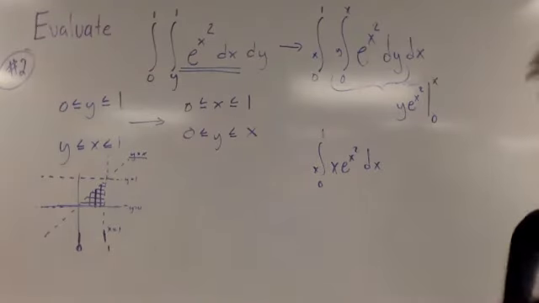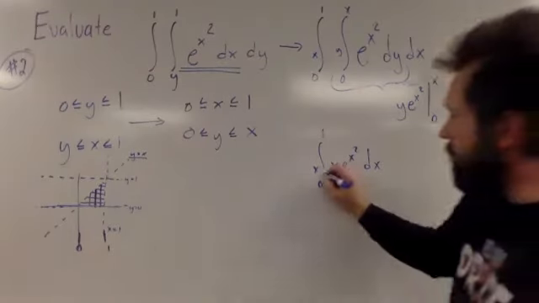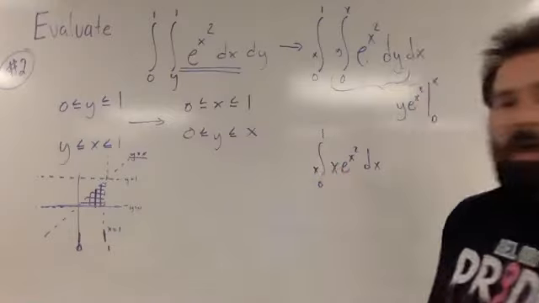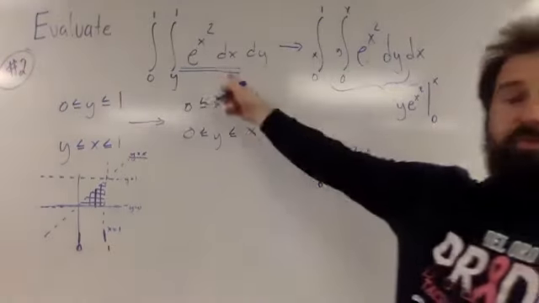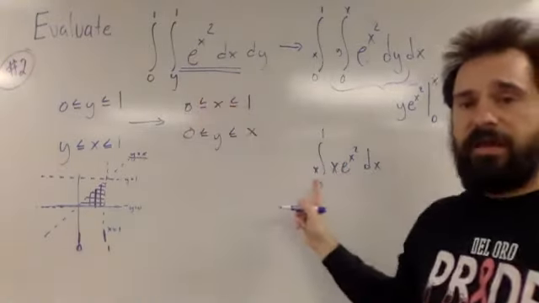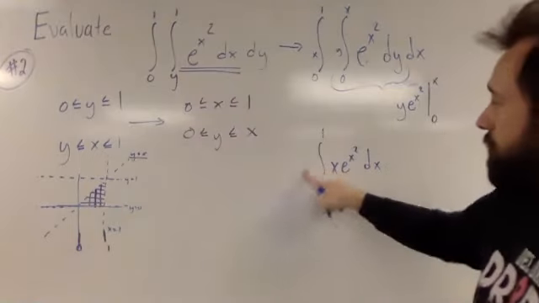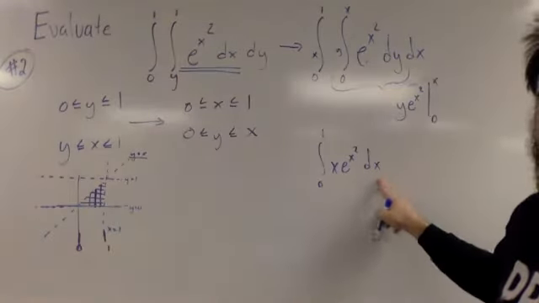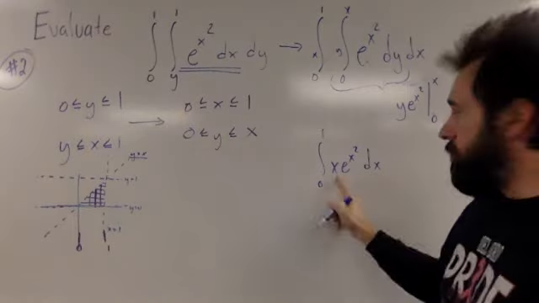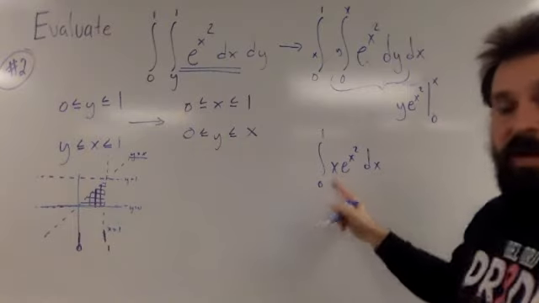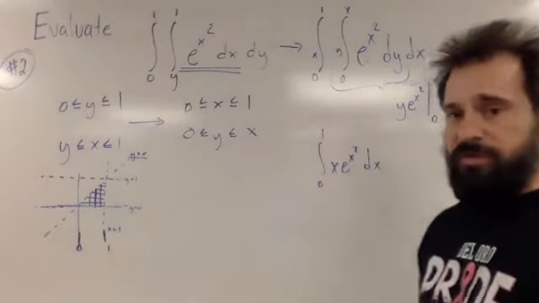It doesn't look much different from what we started with, but having that x value in front, this is going to look like a factor. This factor of x in the front now allows me an approach to solve this antiderivative.